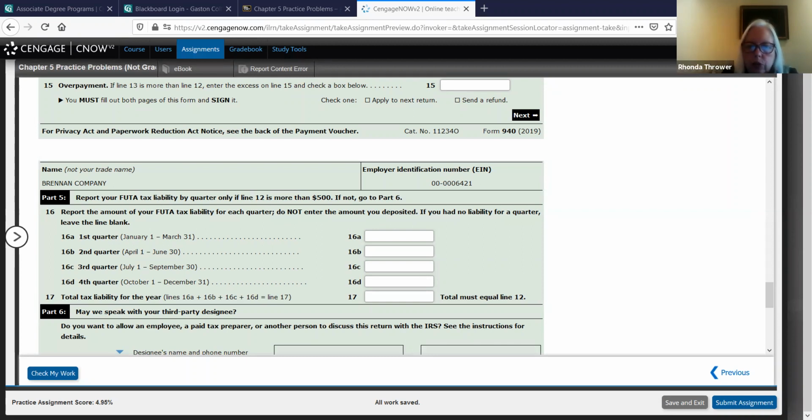So I'm going to go back to my Cengage. In the first quarter, I'm going to put, I'm sorry, I was about to do the wrong thing. It says do not enter the amount you deposited, but if you had a liability for the quarter, you got to put it in there. So let me go back to my spreadsheet again. We're picking up the liability was 276. Oh, that was correct.